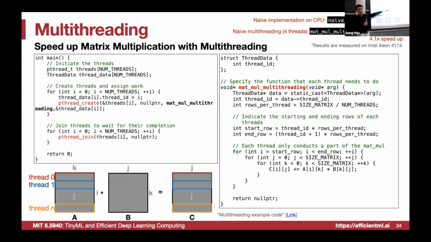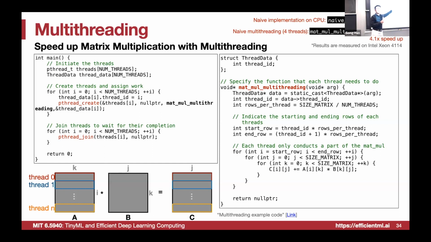Here we have two pieces of code. The first one is calling the second one, matmul multi-threading. Let's see the first piece of code. We first create the threads and assign the work. We define thread data by the number of threads. We create these threads, passing in the pointer for the thread, and also telling each thread what workload it should do.